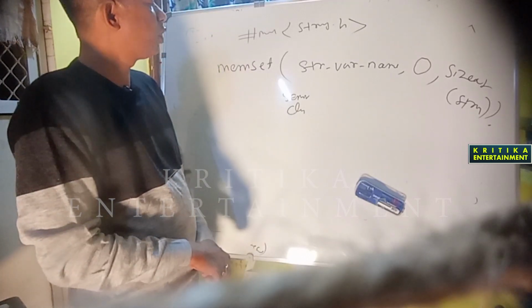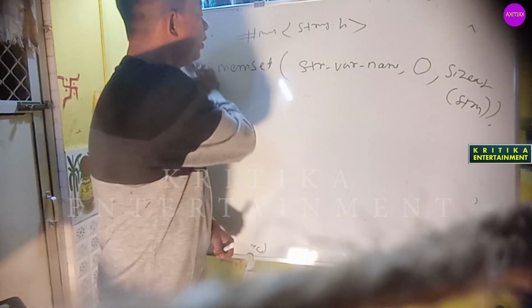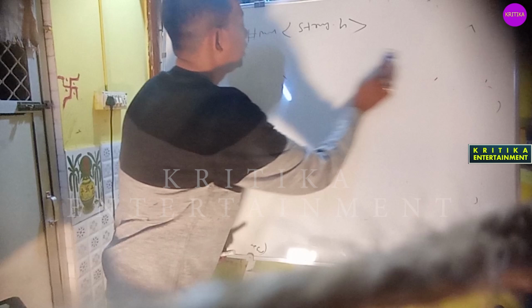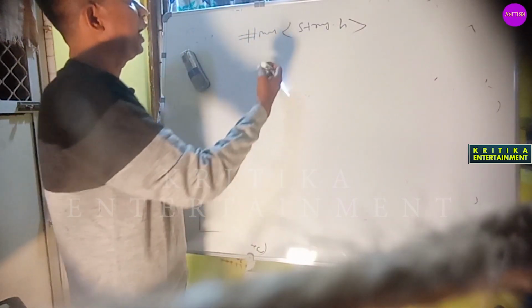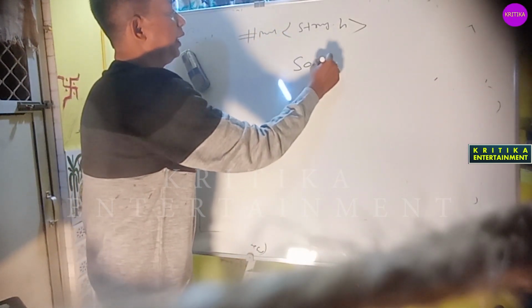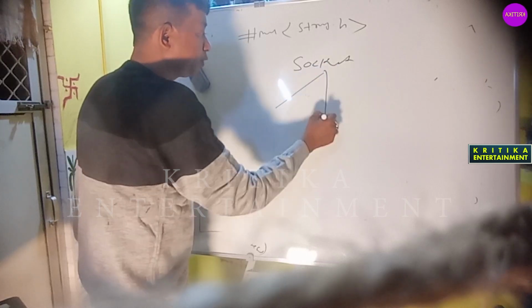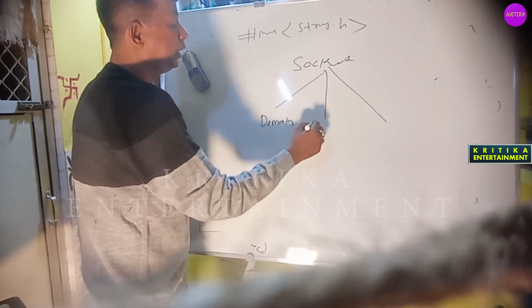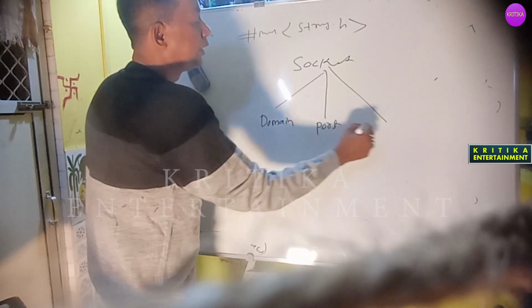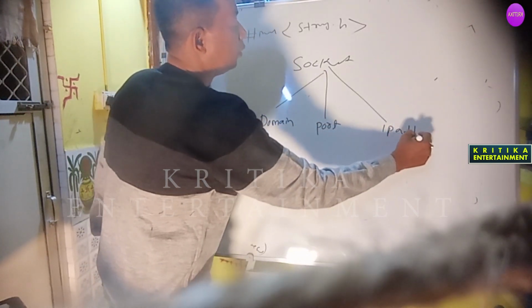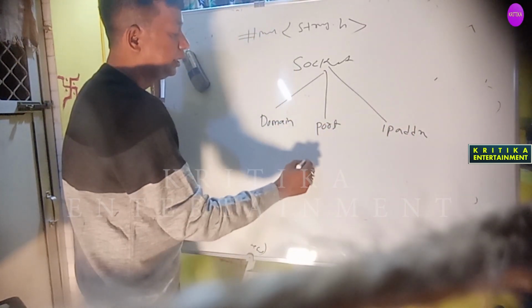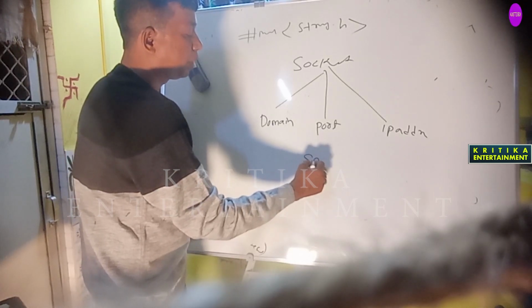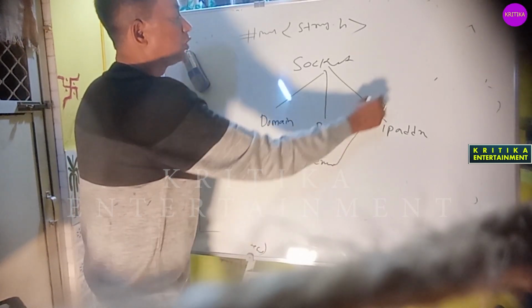I have told you a server socket is associated with three parameters, three components. What are those parameters? First is the domain, second is the port, third is the IP address. That IP address is stored in your server variable, which will be associated with the socket.